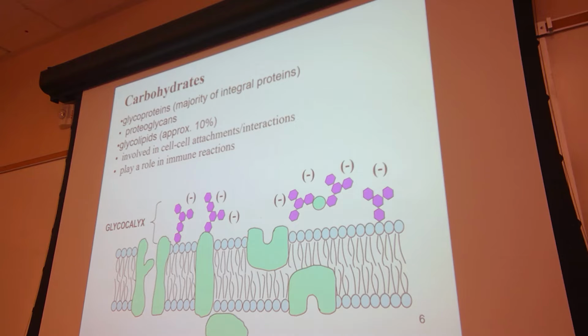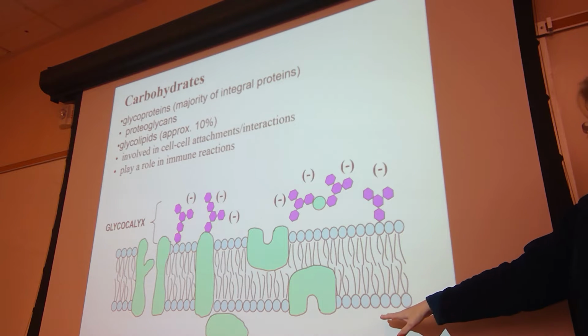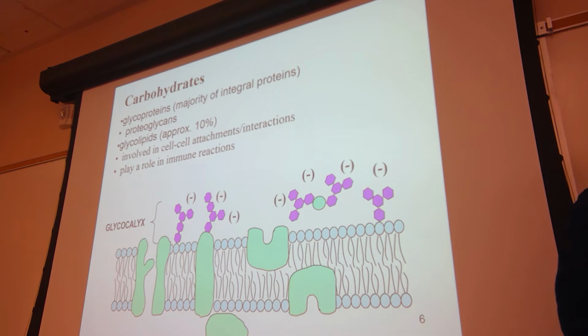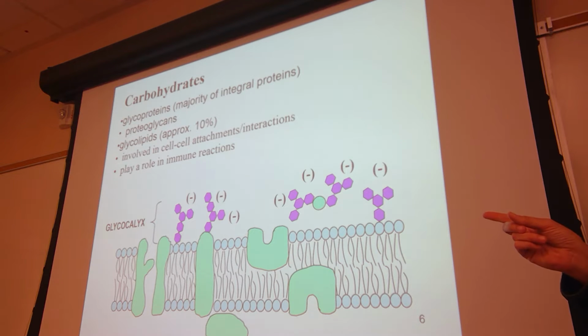Now, these sugars typically have a negative charge to them, and you're seeing negative signs up on the screen. But what I need you to know is it's all relative. If I ask you to compare the negativity of the outside of the cell with the glycocalyx to the charge inside the cell, you will learn in the next couple of weeks that the inside of the cell is much more negative than the outside.